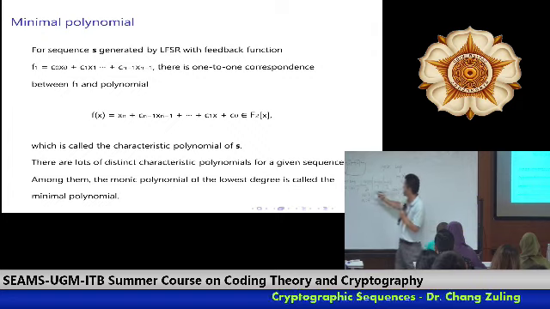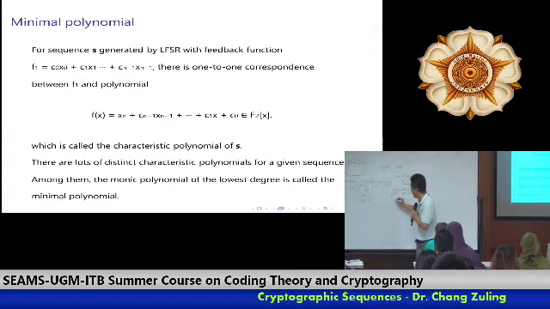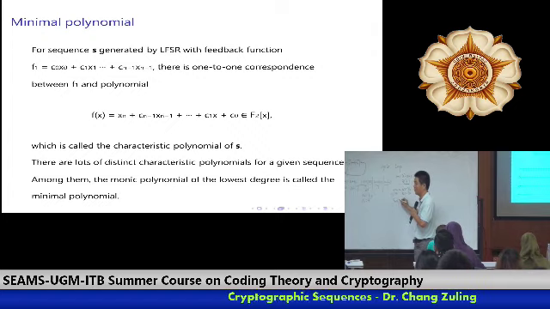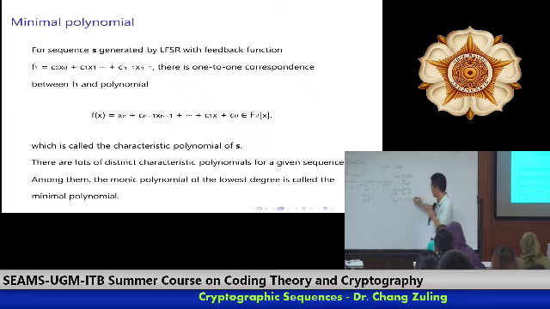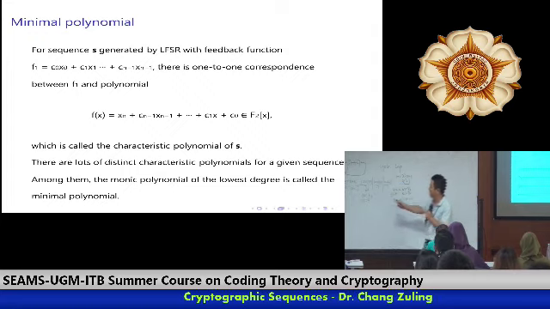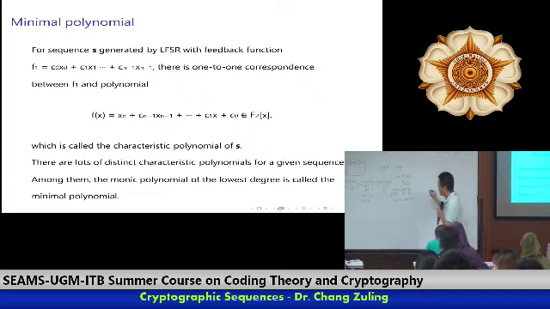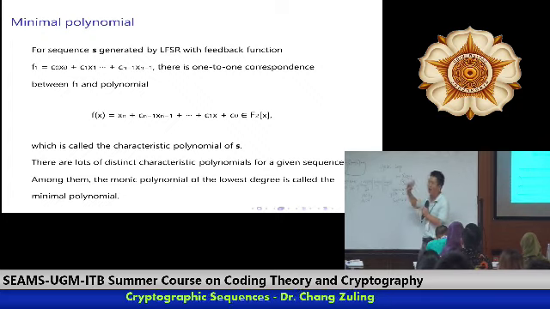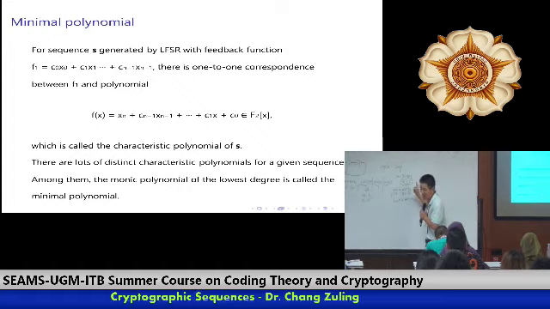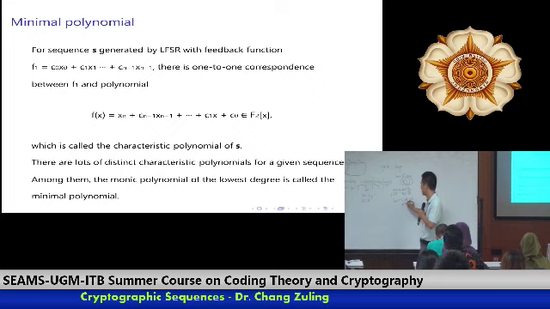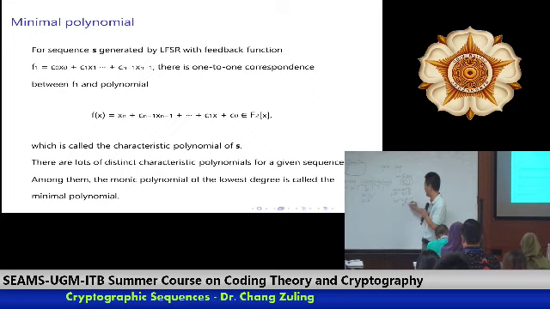Because we have the relation s_{k+7} equals s_k for k greater than or equal to 0, for example 1, 1, 0, 0, 0, 0, this polynomial is also a characteristic polynomial. For the same reason, x to the 14 plus 1 is also a characteristic polynomial.